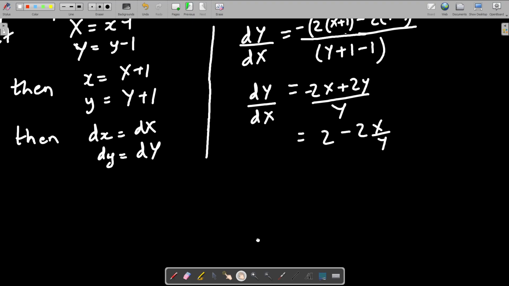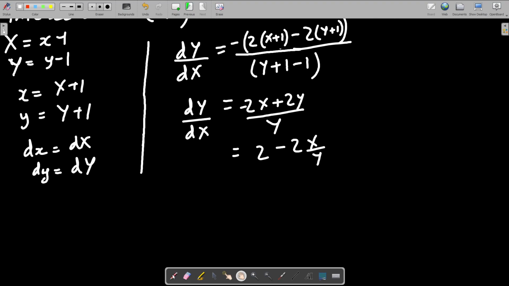But this can be thought of like this, 2 minus 2 x upon y.